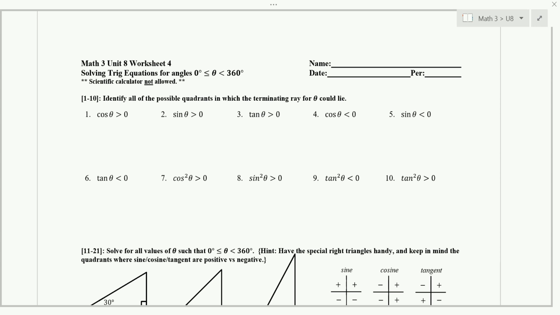If you see a square, you've got to take a square root. But be careful. If you see something squared and it's equal to a negative, that can't happen, right? So you say it doesn't happen.